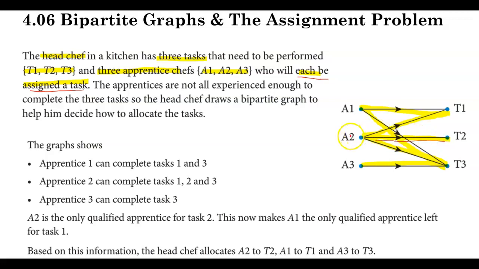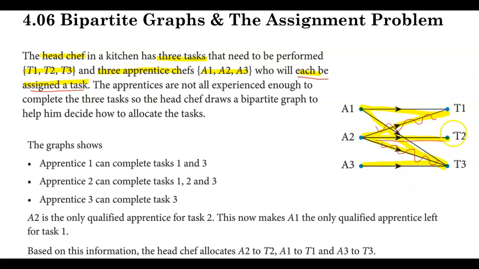So if apprentice 2 is doing task 2, she cannot do the other task. Why? Because it says one person, one task, right? So that means apprentice 2 will focus on task 2.